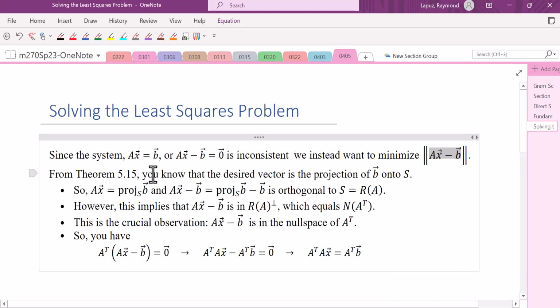From a theorem, we can look at this as a projection of B onto S, where S is our vector space, and S happens to be the column space of A. So an orthogonal projection from B onto the column space of A is what we would look at.